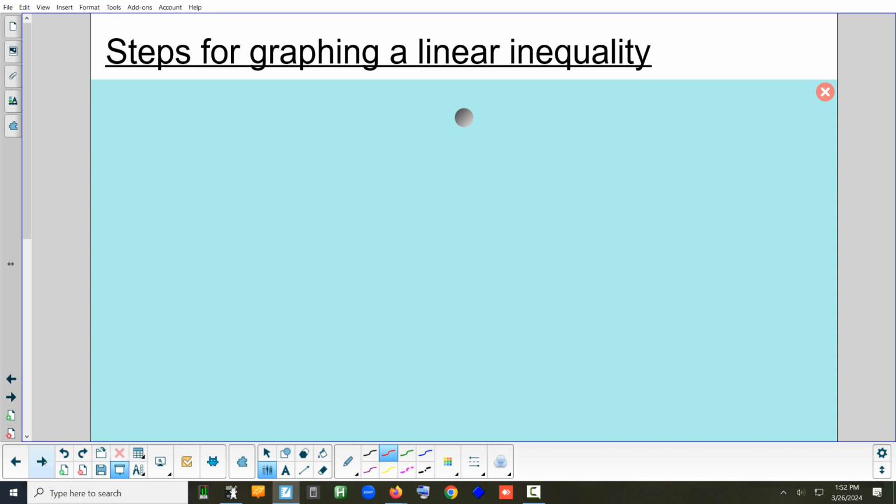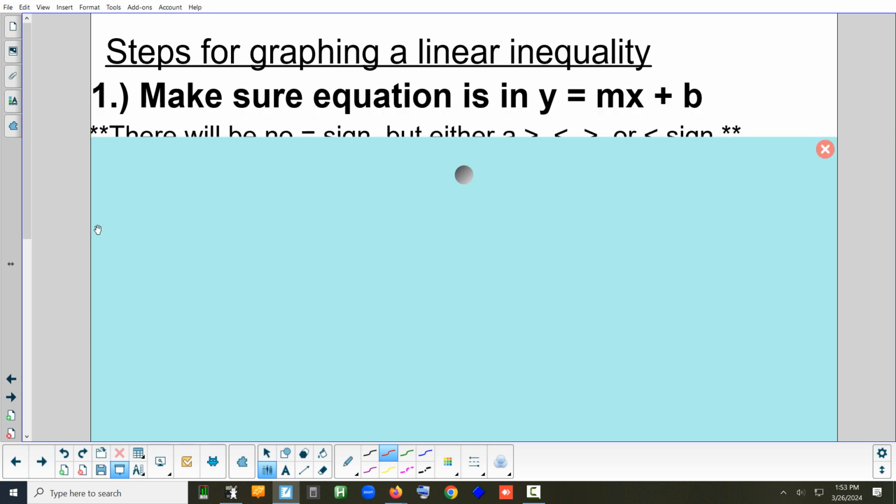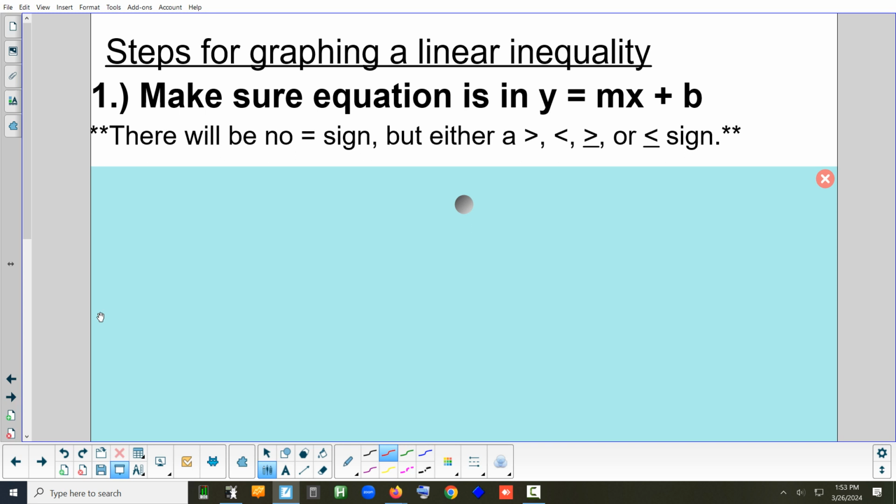Okay, so steps for graphing a linear inequality. What format do you think it has to be in first? Because the first thing we have to do is graph a line. Exactly. So make sure that your equation is in y equals mx plus b. On your guided notes, put that down for step 1.